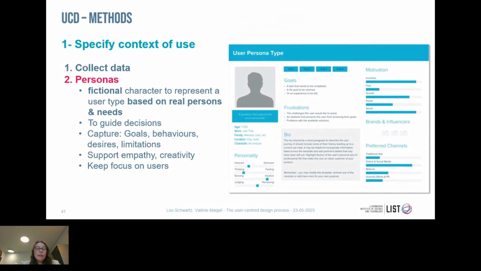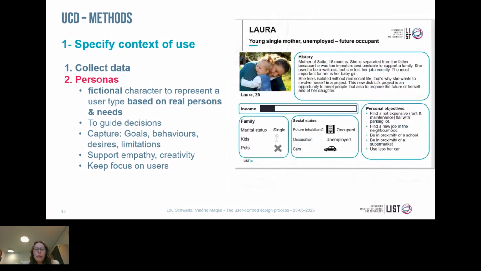Each persona gets a name, a little backstory, their goals, their frustrations, etc. It's like giving our users a face and a story. So instead of just thinking about users, we can think about Sarah, the busy student, or Mark, the tech-savvy professional. This helps us empathize.